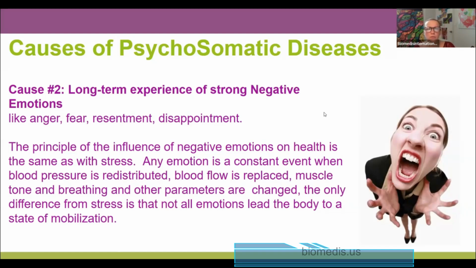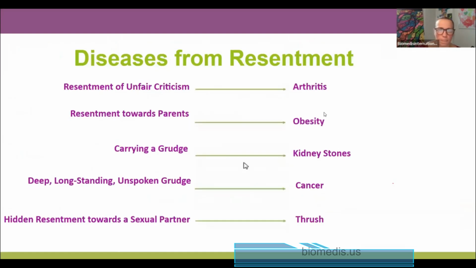The principle of the influence of negative emotions on health is the same as with stress. Any emotion is a constant event where blood pressure is redistributed, blood flow is changed, muscle tone changes, breathing pattern changes, and all other parameters change. The only difference from stress is that not all emotions lead to a body state of mobilization.